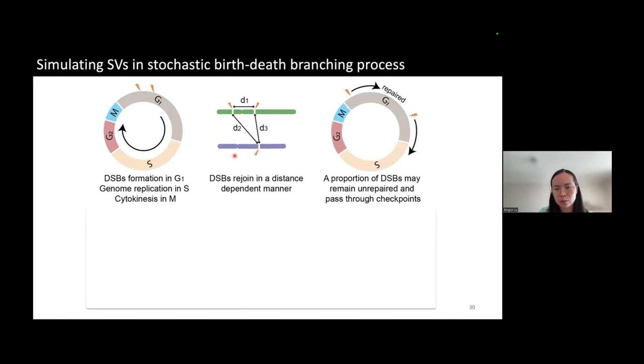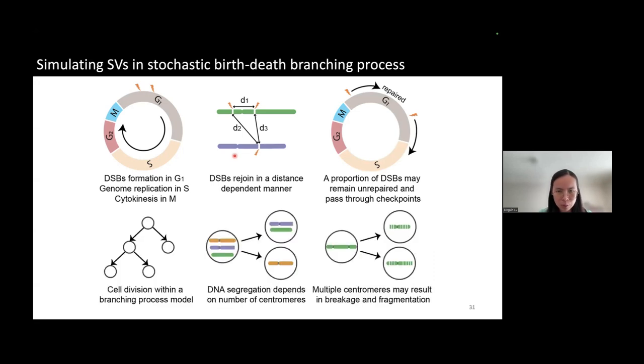We allow some unrepaired double-strand breaks. This imitates checkpoint errors. We incorporate this cell cycle cycle into the branching process as used for modeling the copy number alterations.